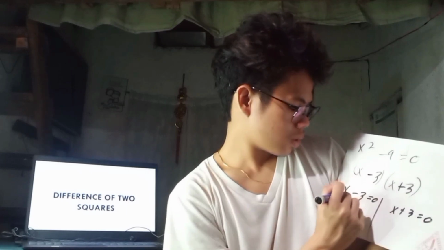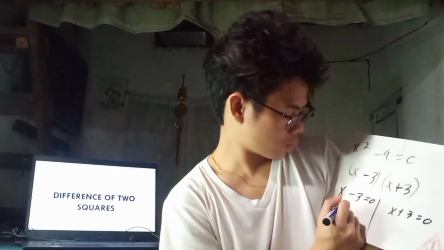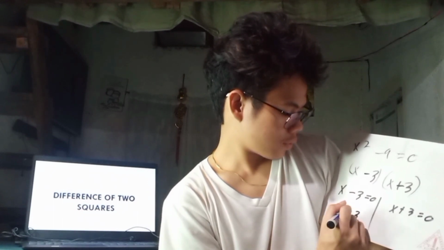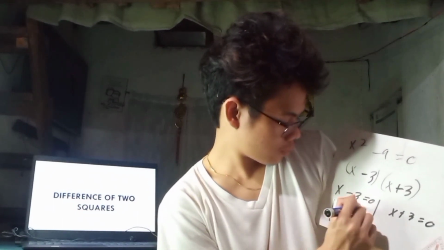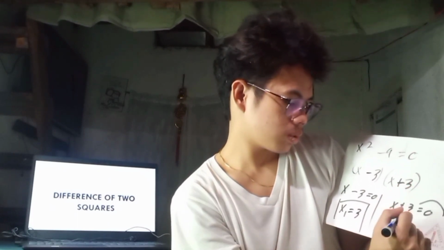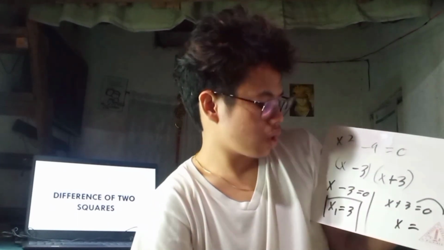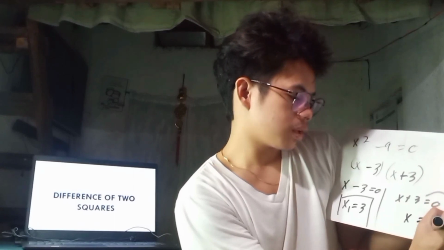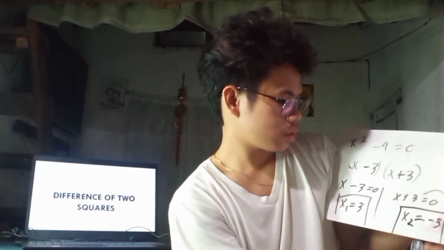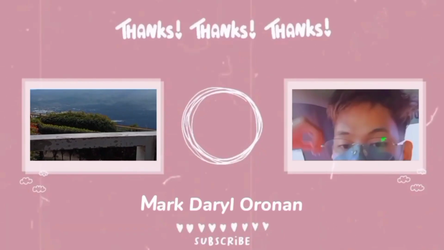So transpose, it will become x equal to 3 for our x sub 1. And for our x sub 2, transpose, it will become x equal to negative 3 for our x sub 2.